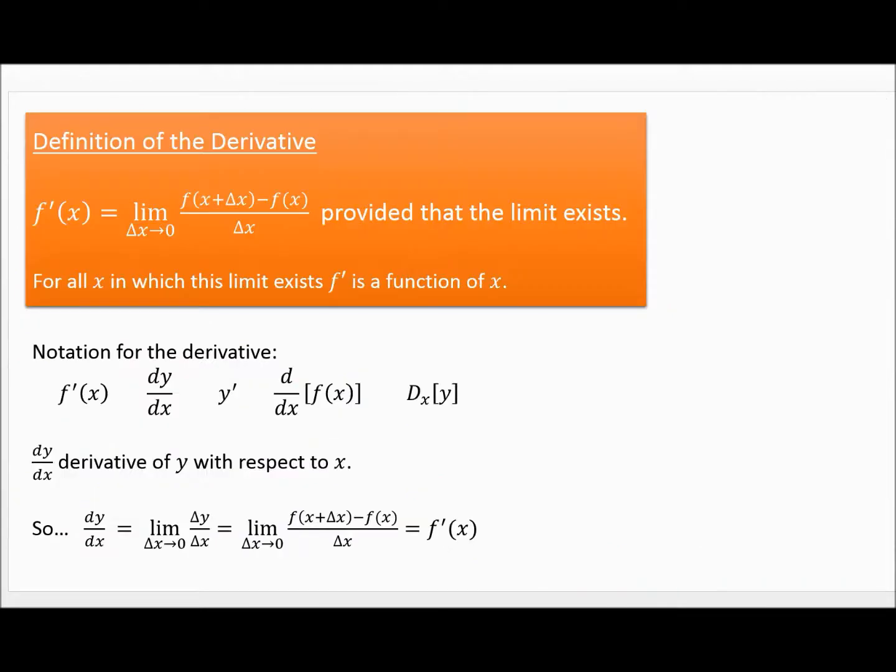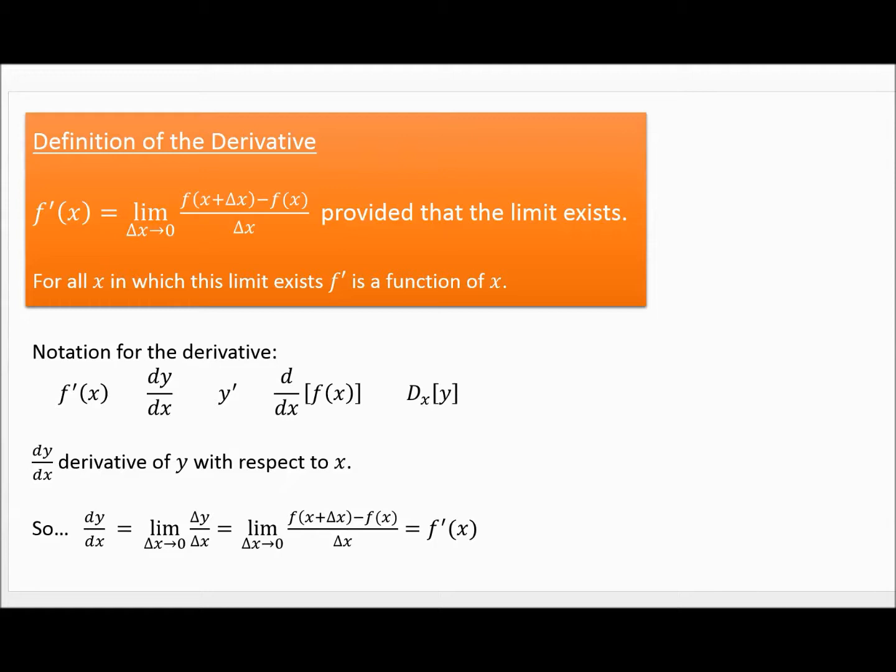Before we jump in and do another problem, I have the formal definition of a derivative. I know you've heard the term derivative before. In your math courses in high school, it's quite possible that you've found derivatives. You've used some of the properties of derivatives, or maybe you even did it this long definition way, so that'll look familiar to you. The derivative really is just the slope of the tangent line.